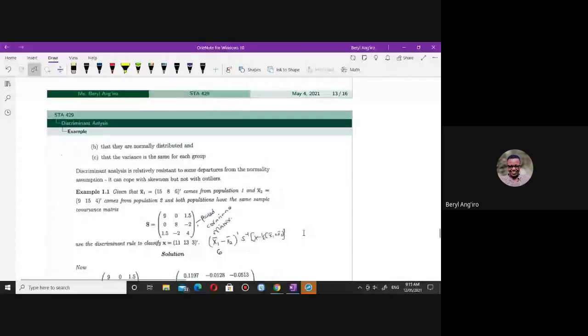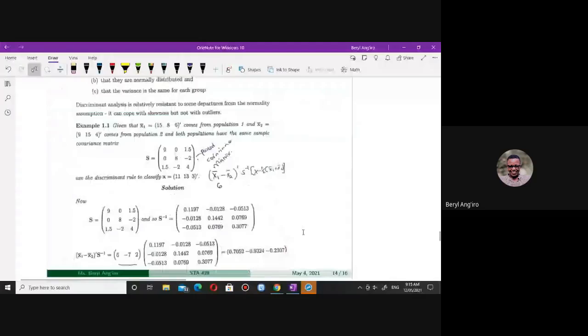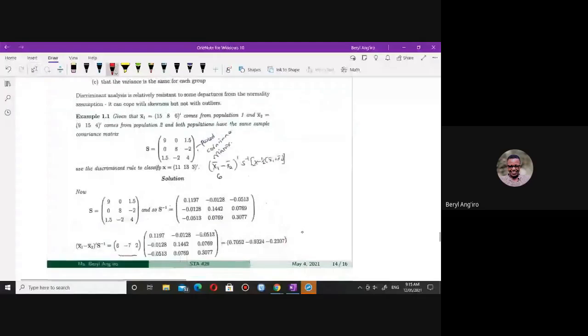Example: given that x bar 1 is (15, 8, 6) transpose, that is the mean, comes from population 1, and this x bar 2, (9, 15, 4), comes from population 2.